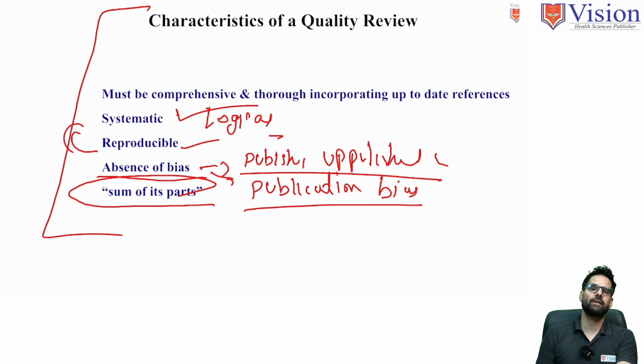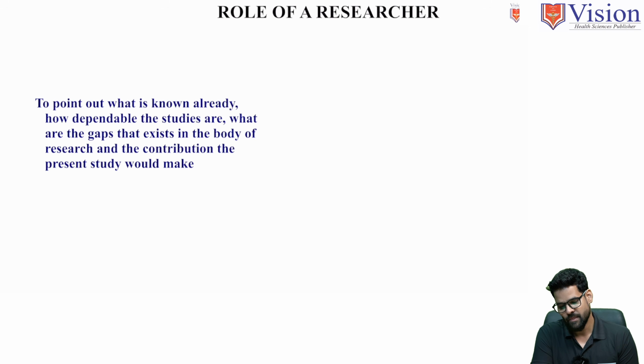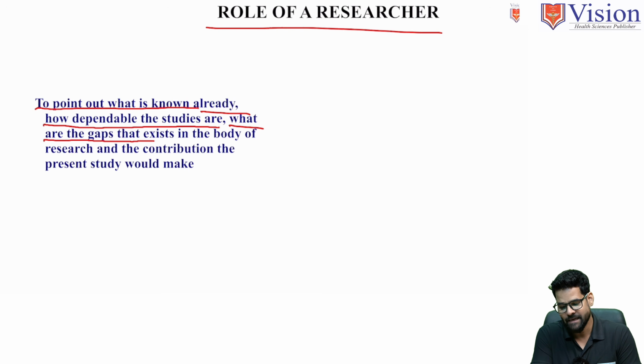Whenever you write, as I told you in the very beginning, a literature review is not just a compilation, it is a critical evaluation of someone else's work. Your role as a researcher is to point out what is known already, how dependable the studies are, what gaps exist in the body of research, and the contribution the present study would make.